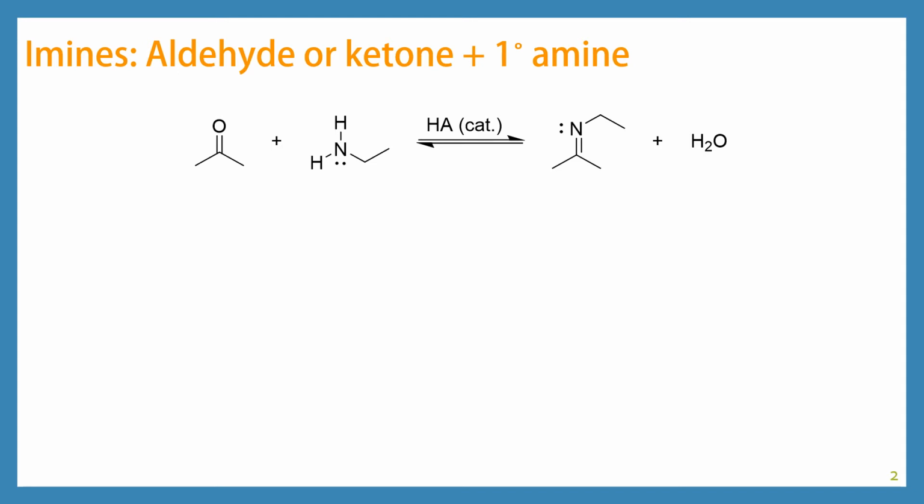Now, one of the first things that you have to figure out is just where do we start, right? Unlike in acetal formation, where our first step was to protonate the carbonyl, we have to take a slightly different approach here because the amine is actually a much stronger base than the carbonyl. So if anything is going to get protonated, it would be an equivalent of the amine.